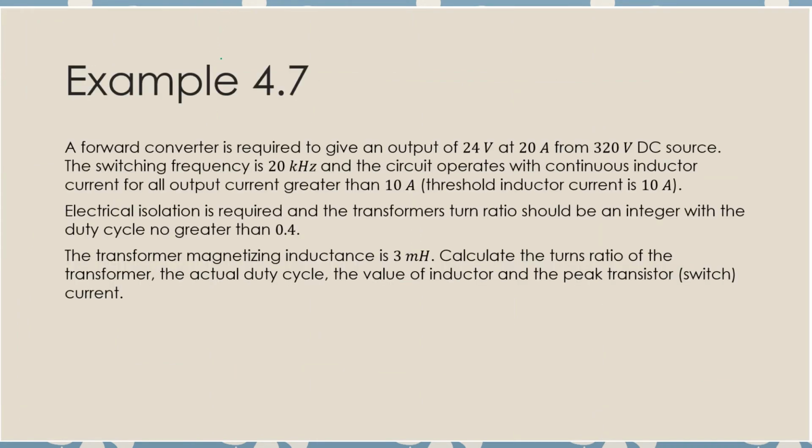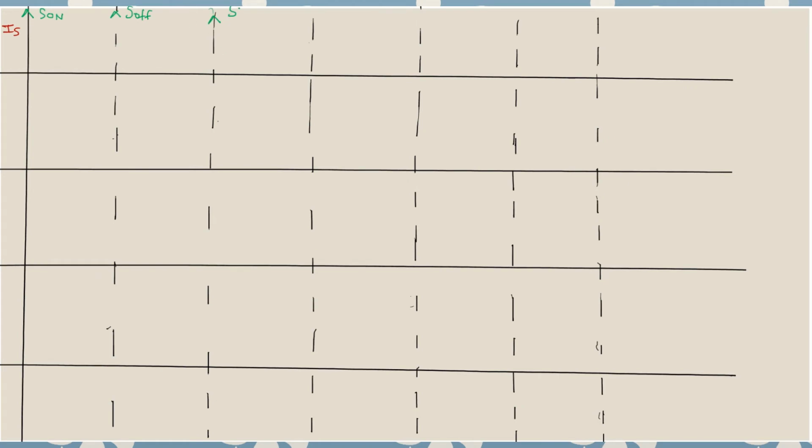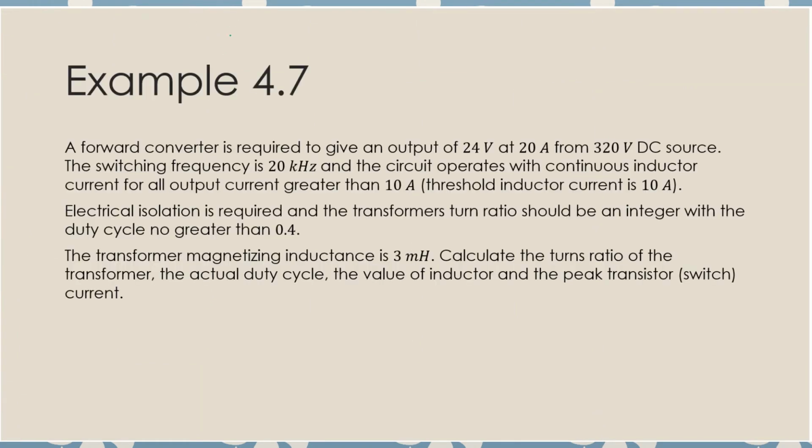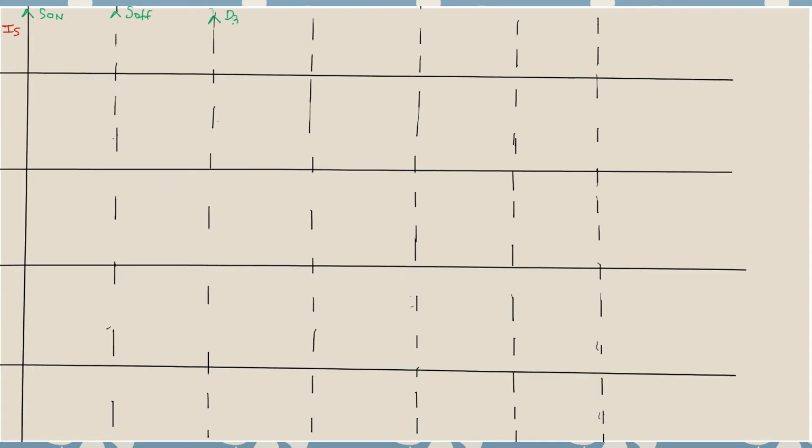Again, if we label this part as S on, this is S off, and this is D3 off.